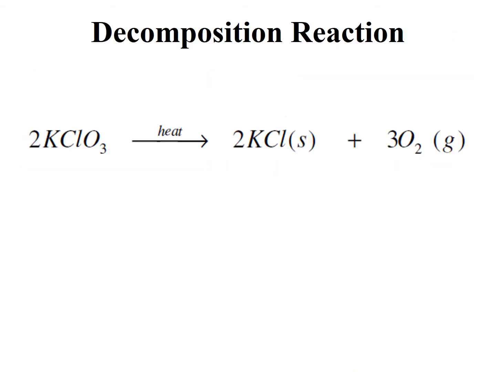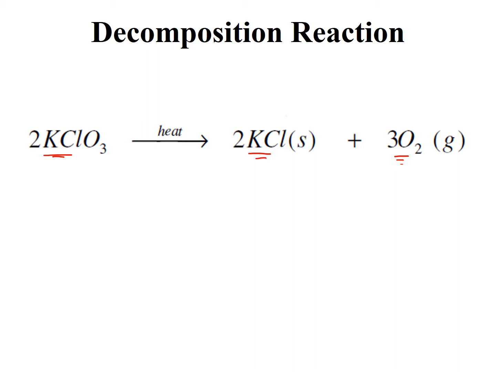In the first part of the experiment, we're going to do the thermal decomposition of potassium chlorate. As you could see here, you have an amount of potassium chlorate that you're going to heat in an enclosed container, producing KCl and oxygen. The oxygen will be collected in a way that the produced gas will displace a volume of water.